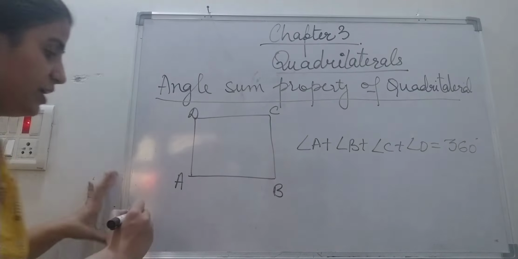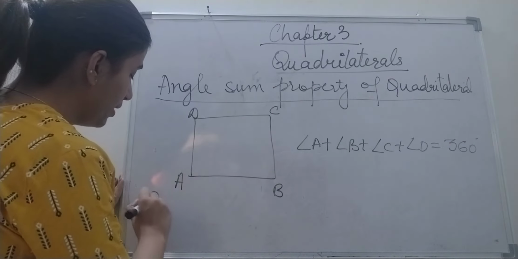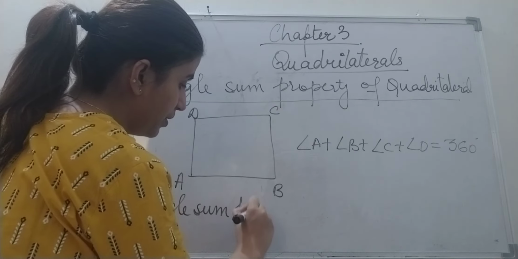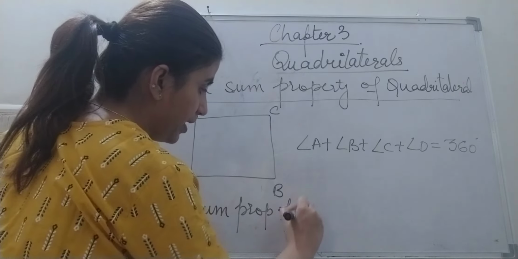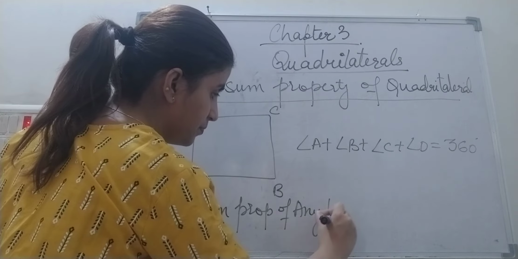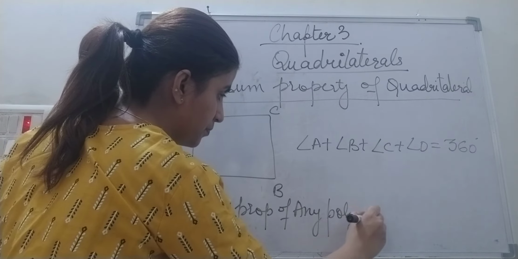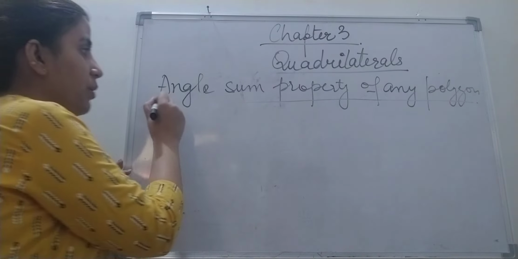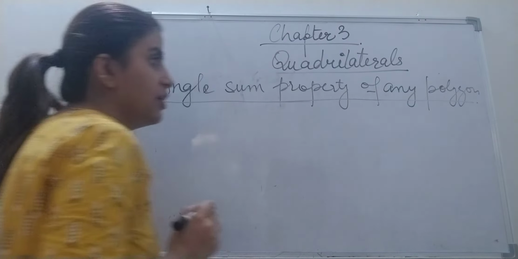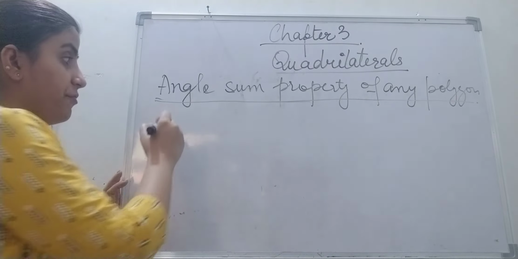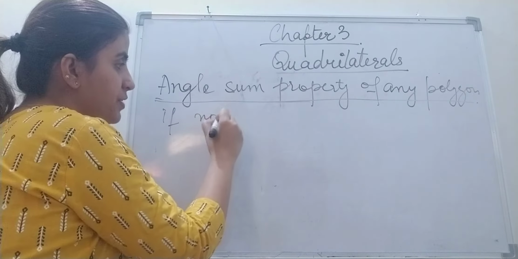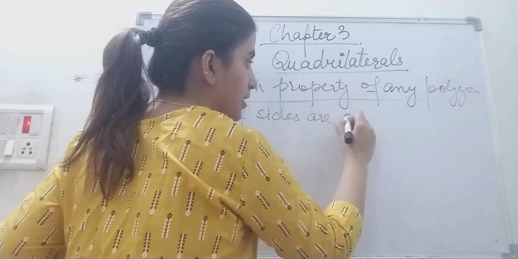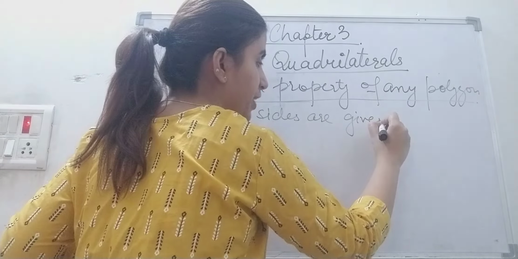Now if I talk about angle sum property of any polygon, if the number of sides is given, so let us try to find out.